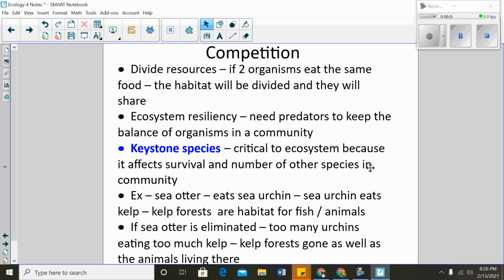All right, so let's keep looking at competition here. If you divide resources, if two organisms eat the same food, the habitat will be divided and they will share. So you can actually divide resources pretty well. It depends on the organisms. For ecosystem resiliency, you need predators to keep the balance of organisms in a community.